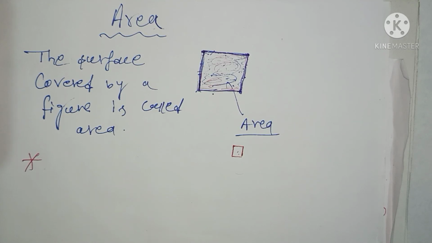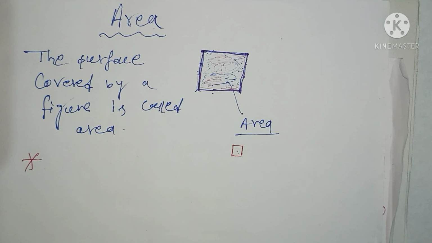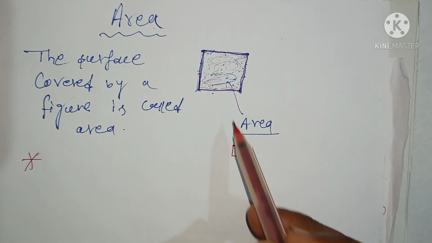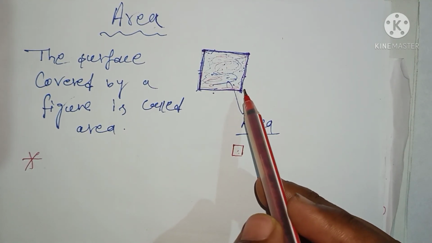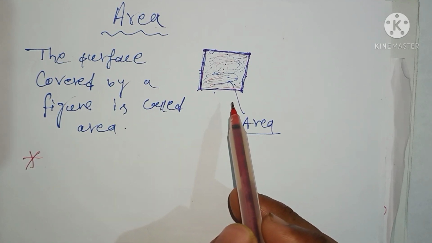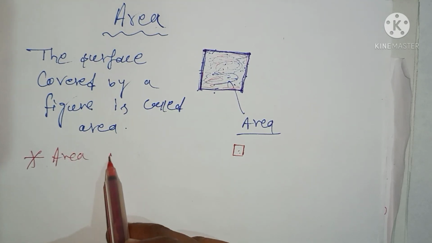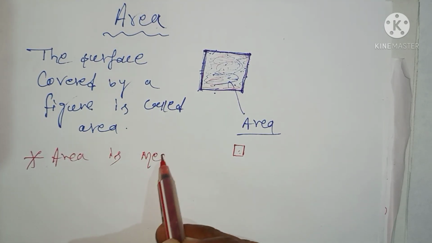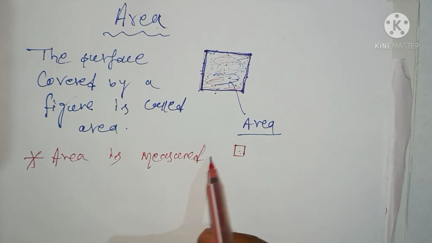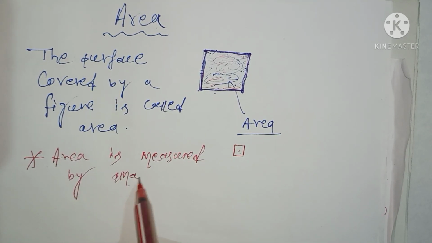How many unit squares will be there in this figure? Then we can say the figure has this much area. So area is measured by small squares.